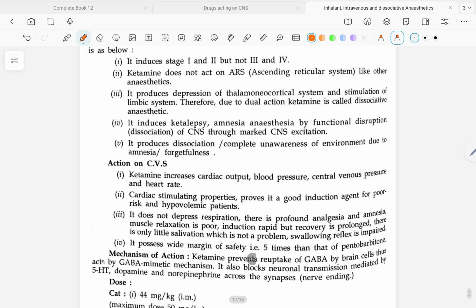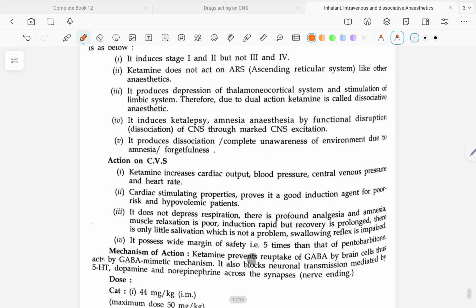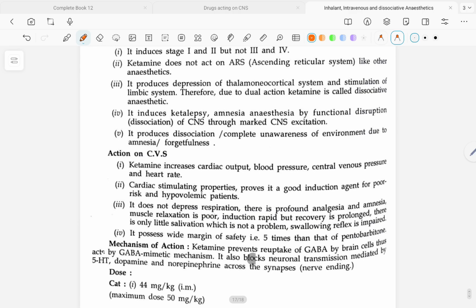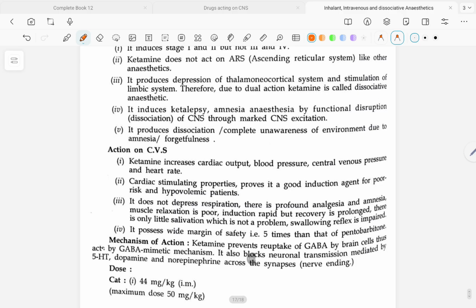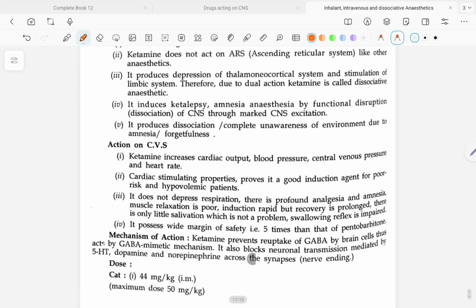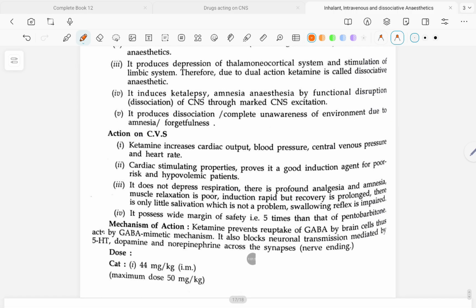It produces dissociation or complete unawareness of the environment due to amnesia, forgetfulness.